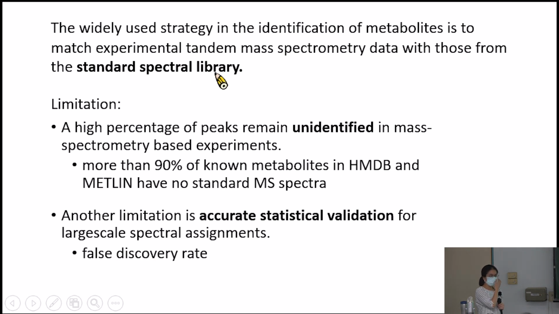With the standard spectrum library, we can match which peak is for which metabolite. In other words, if we would like to annotate metabolites, we need to rely on matching our spectrum data with the reference spectrum data.